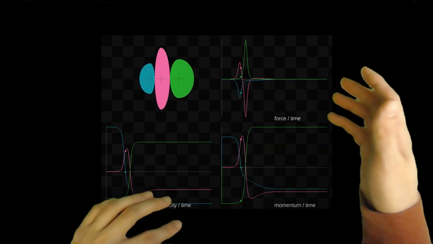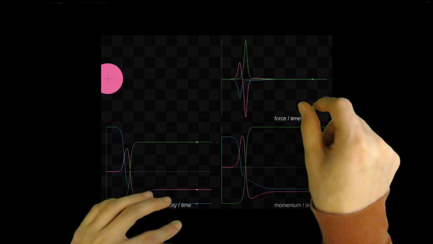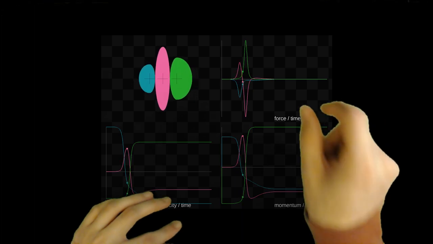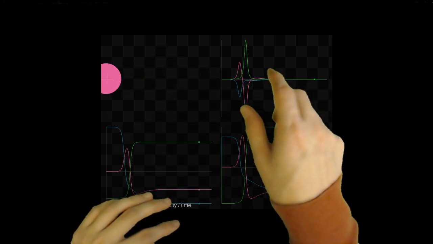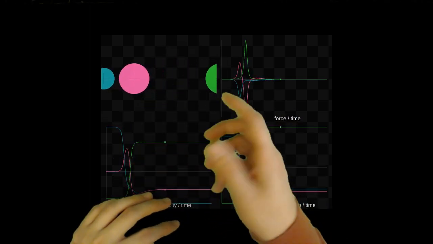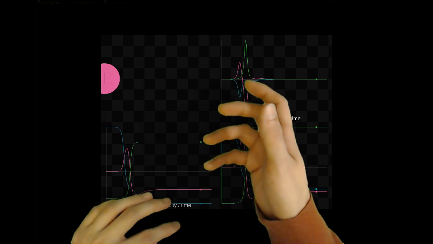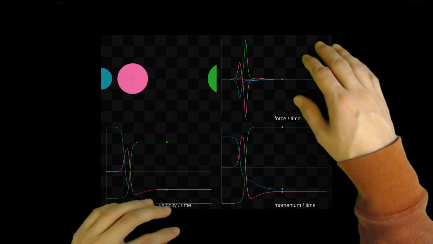And that's correct. At every time step, every pair of objects is sharing equal and opposite force. But that also means that the sum of all of the forces between all the pairs of objects is going to be 0, right? So this force graph should always be balanced around 0.